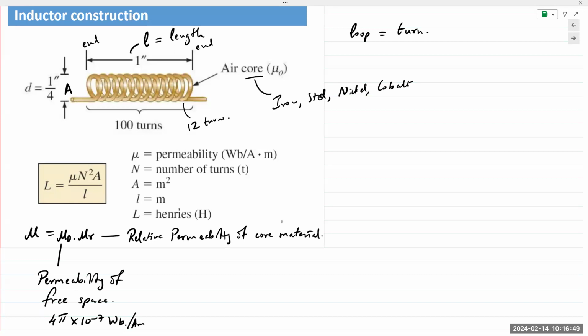Oh yeah, mu n squared A over l, and mu 0 times mu r. Relative permeability does not have any units. It is the comparison of the permeability of the material with reference to mu 0. So it's a dimensionless quantity, no units.